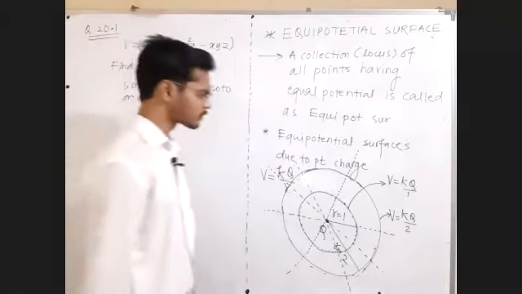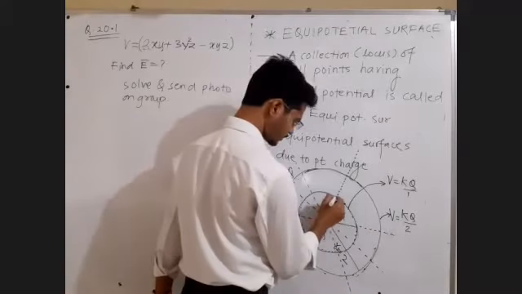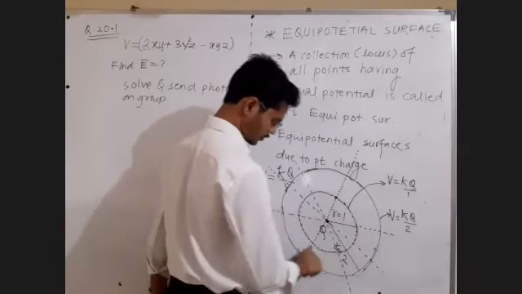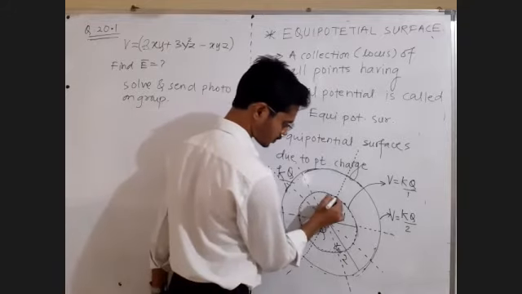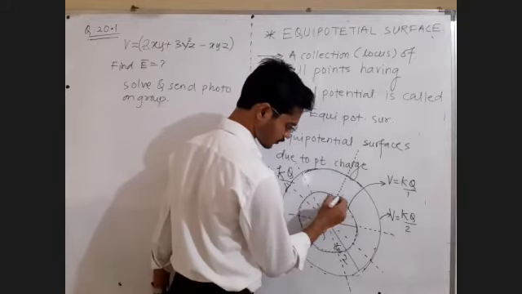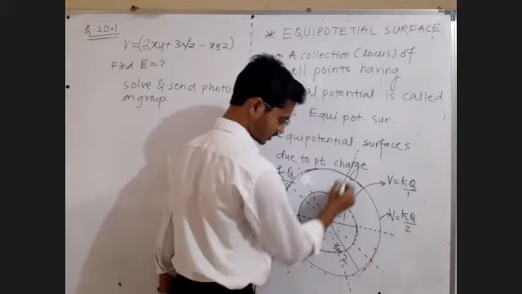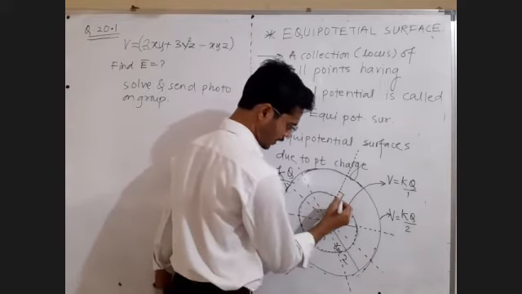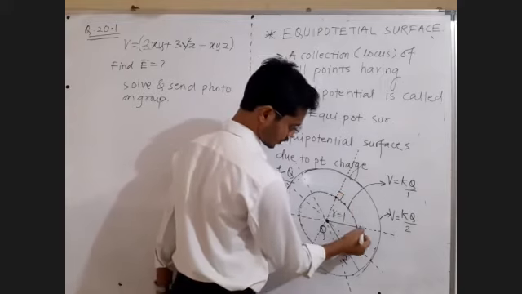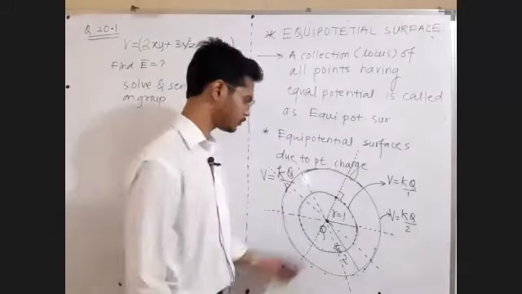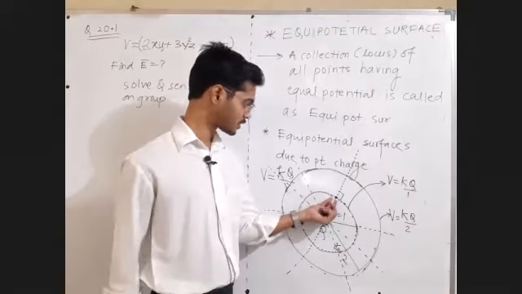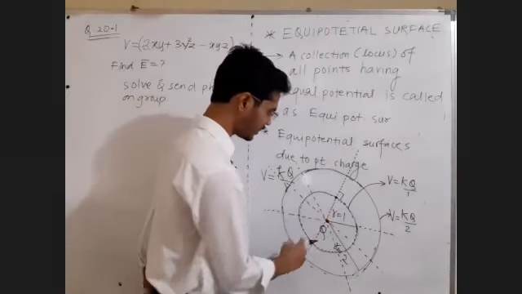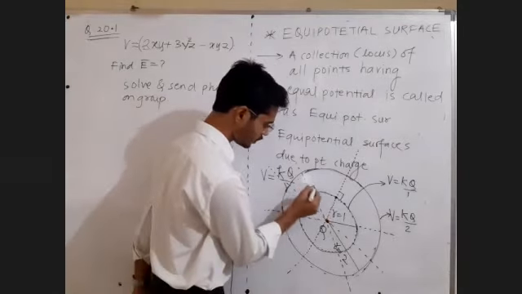Can you observe that at any point on an equipotential surface, the equipotential surface and the direction of electric field are perpendicular to each other? If you imagine a very small surface area ds at that point, that surface and this electric field line will be perpendicular to each other.